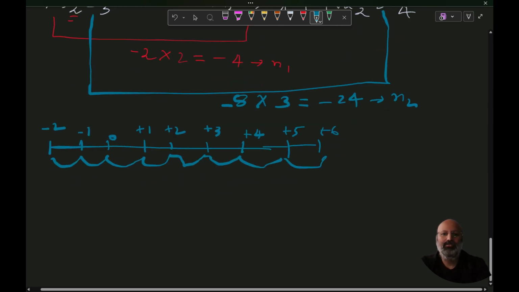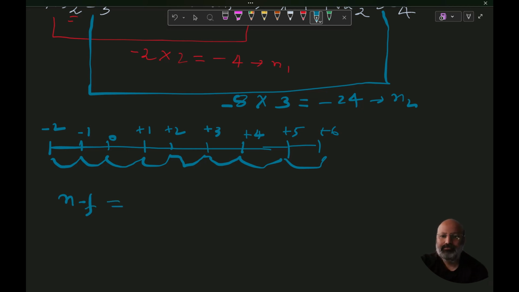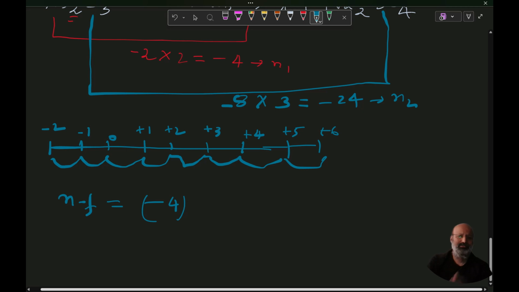So now here, what will be the final n factor? Final n factor will be minus 4. I'm putting minus because the electron is lost, plus here minus 24. So it is coming out to be minus 28. But I'll not put the minus sign, because minus just indicates that electrons are lost.